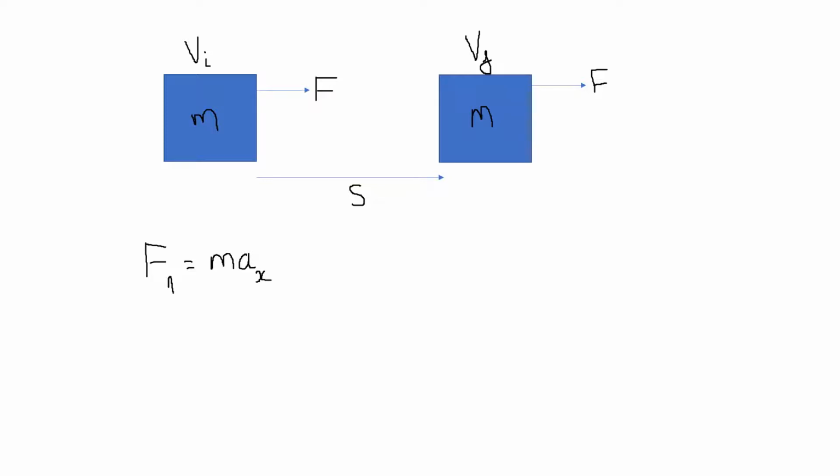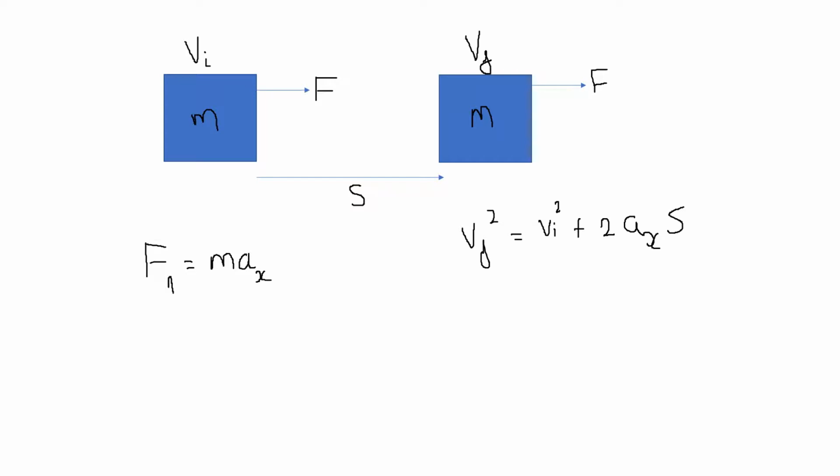So we can use the formula: the final velocity squared is equal to the initial velocity squared plus the acceleration in the x direction times the displacement s.